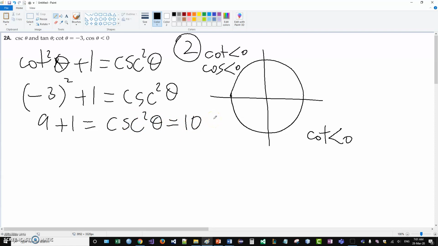Since we're in quadrant 2, the cosecant and the sine should be positive. So cosecant theta equals plus square root of 10.